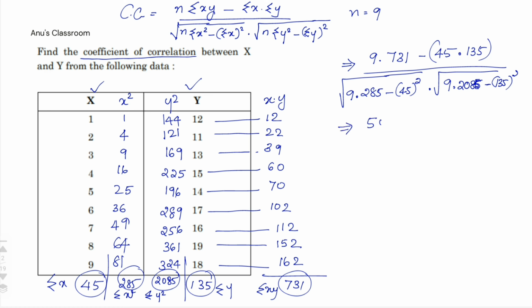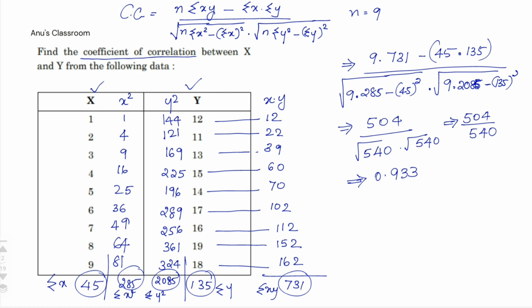So that will come to around 504 divided by root of 540 into root of 540, that is 504 divided by 540. When we do that, you will get the answer as 0.933.